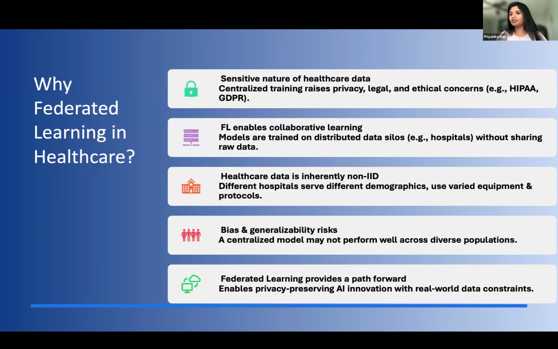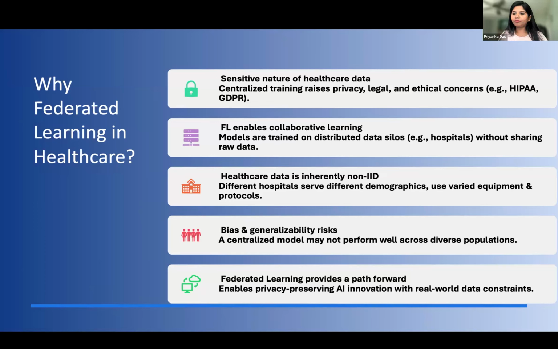Another key reason FL is well suited for healthcare is that the data is inherently non-IID. So, what is non-IID? Non-IID stands for non-independent and identically distributed data, a situation where the data varies significantly across different sources or clients, both in distribution and characteristics.